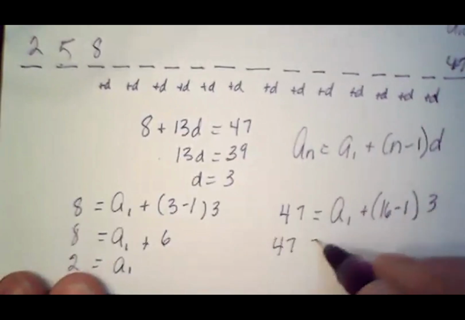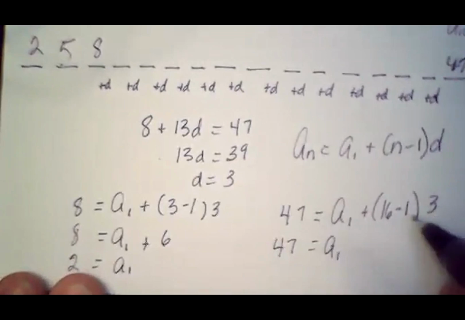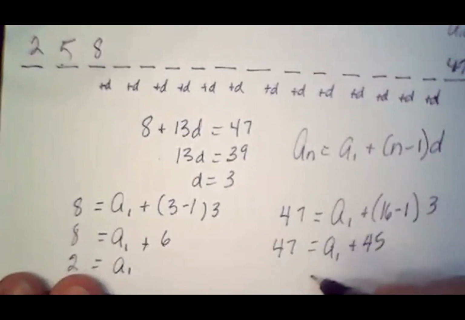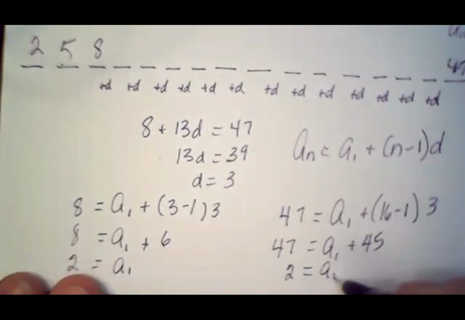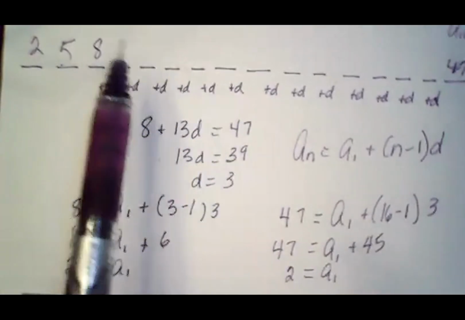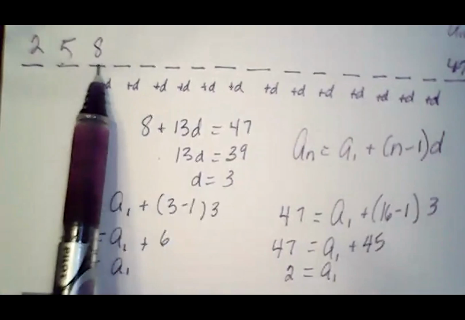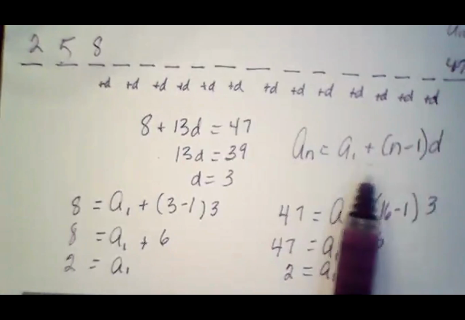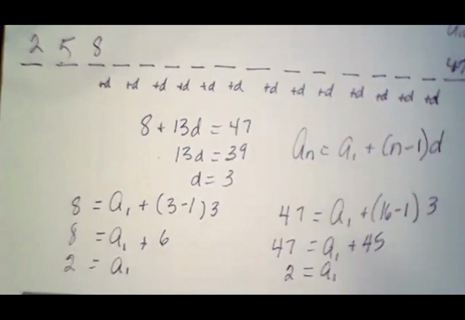So we would have 47 equals a sub 1 plus 15 times 3, which is 45. Subtract that from both sides. We still get a sub 1 equals 2. So it doesn't matter if you would have chosen this given point or this given point to plug into this formula, but you had to come up with D first.